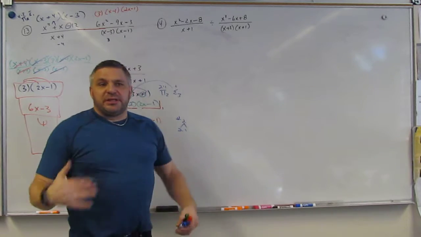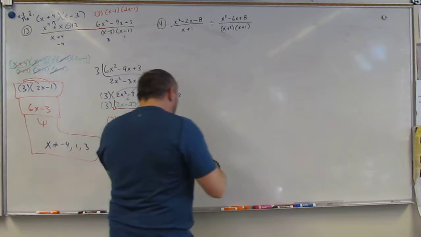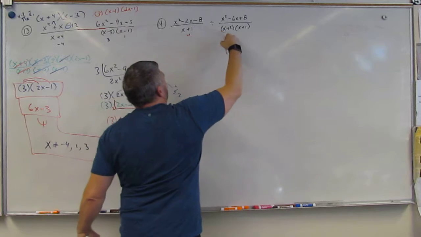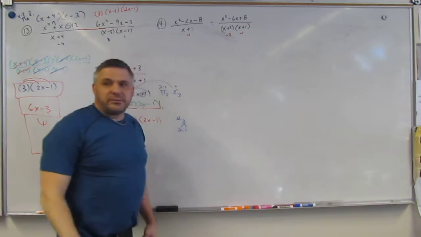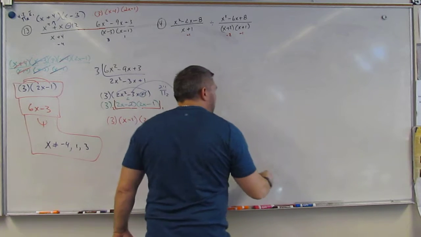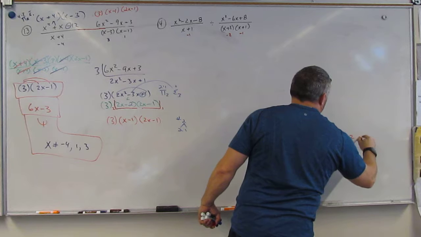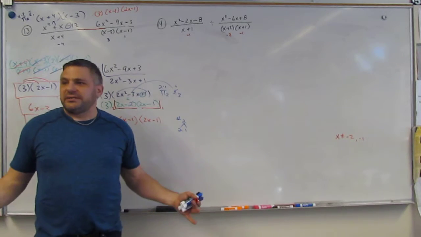The first thing to this problem is realizing what x cannot be. We should know that x cannot be negative 1, that x cannot be negative 2, and x cannot be negative 1. Right away we know that x cannot be negative 2 and negative 1. We don't have to write the negative 1 twice.